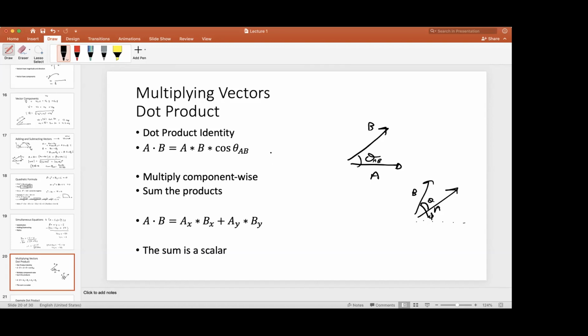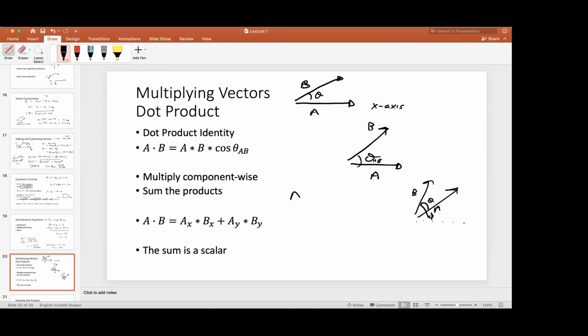In fact, to prove this, if I place A along the x-axis, and I'll prove the second half of it later, okay? And B is here, component-wise, I multiply these guys. This is the other way of writing.